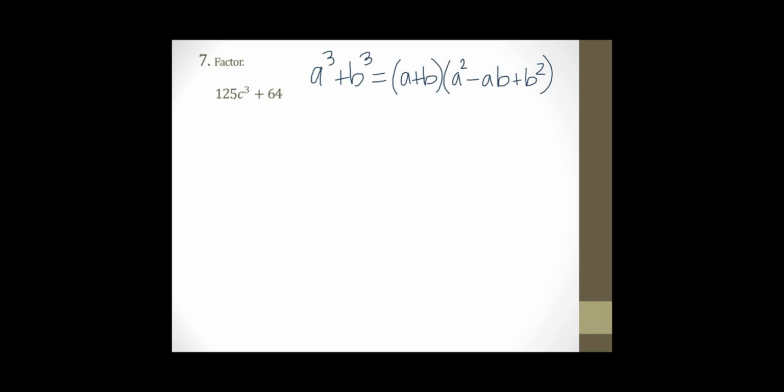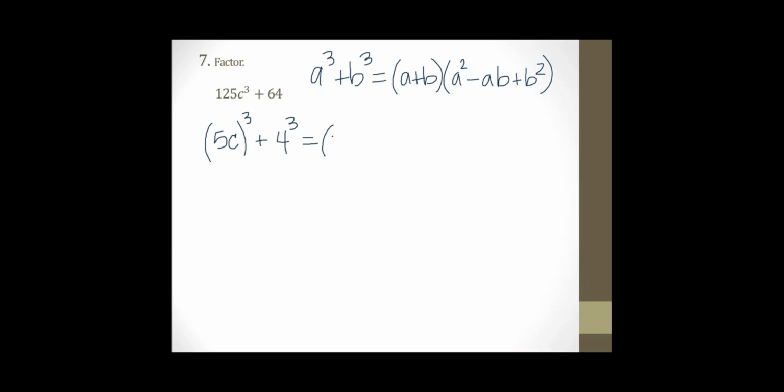So 125 is 5 to the third, and then c to the third will give us 5c as our base to the third power. Take the cube root of 125, and that'll give you the 5 that you need. Then take the cube root of 64, that's 4, so that's 4 cubed. So now I can see that my a in this case would be the 5c, and the b would be the 4.